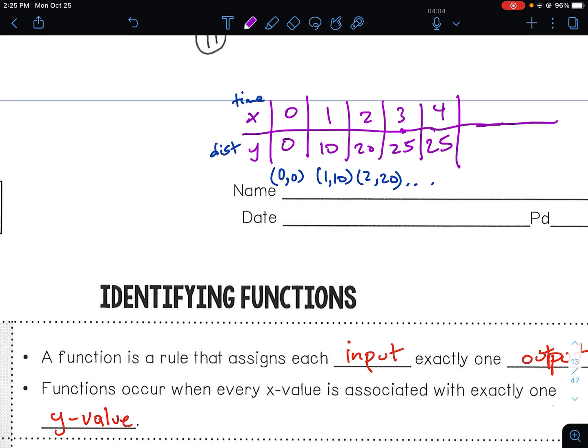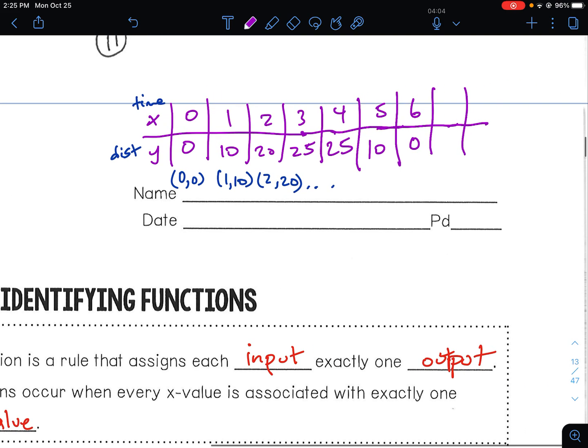Then at 5, he may need to walk back toward home, so he may sprint home, and at 5 minutes he's at 10 meters. At 6 minutes, he's back home, at 0 meters away. And at 7, he could be sprinting toward wherever he needs to go, so he could be 20 meters away from home. So this table can tell a story, or you could write it as ordered pairs as well.